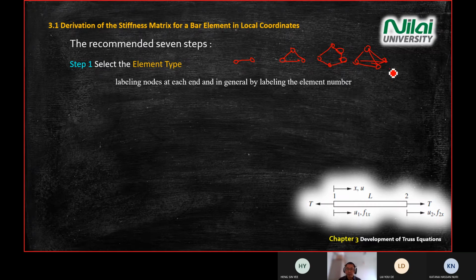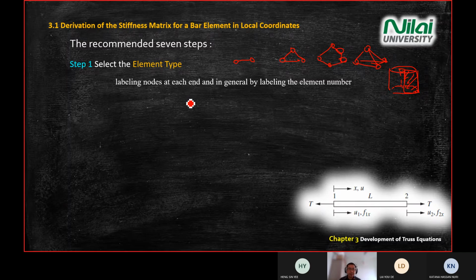And you have symmetrical element. If you cut across this cylinder, you have a symmetrical body, a square cylindrical body. So this one you choose your case. So the first step, you select element type.